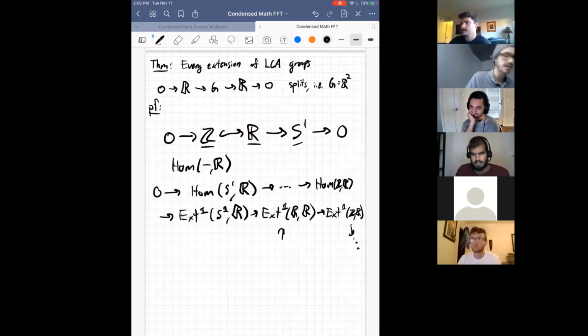I've stopped writing all of the underbars, but you can pretend that they're still there.